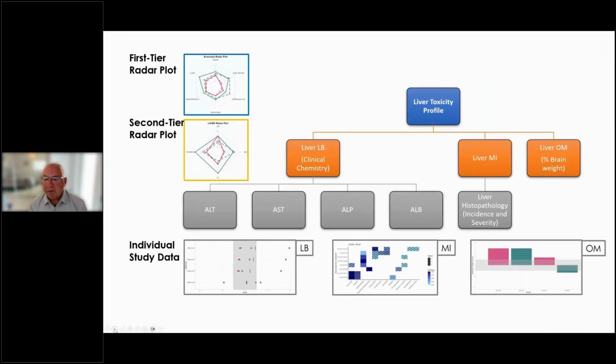So to wrap this up, we've used this slide a couple times to give the framework for how we work through these. We focused on the liver toxicity profile here. As I said, we have profiles set up already, and the user can change those profiles and create different profiles to do their assessment. But the power here is being able to compare across multiple organ systems and endpoints to try to interpret these studies.